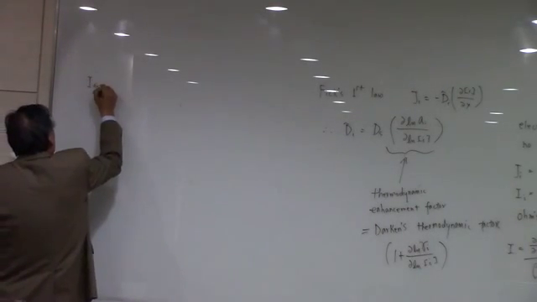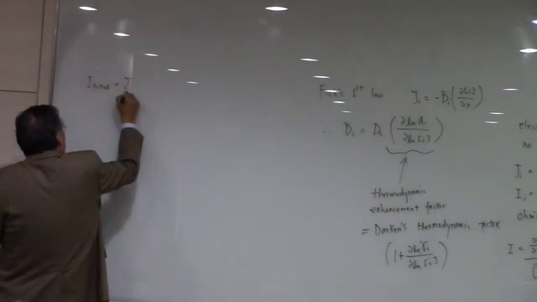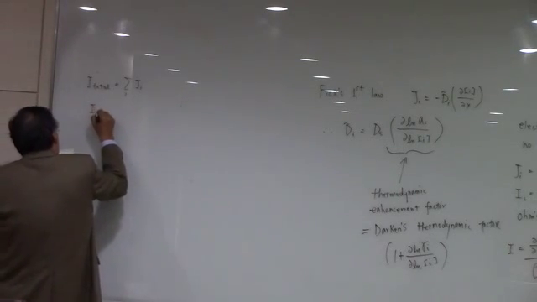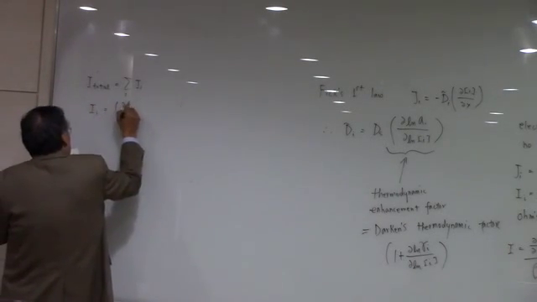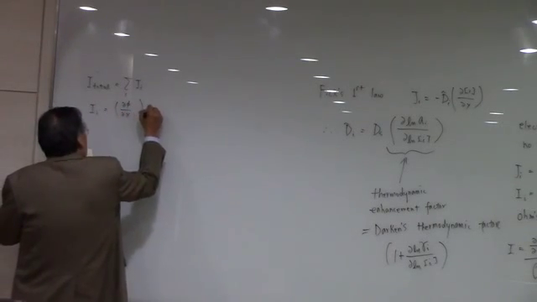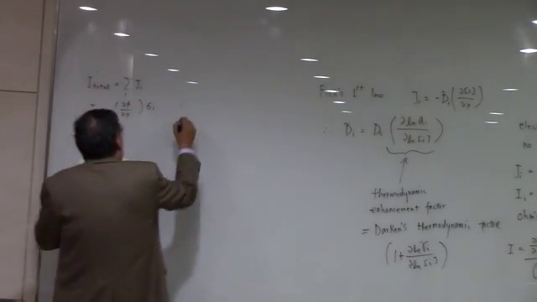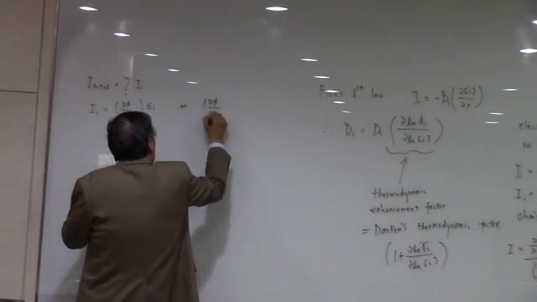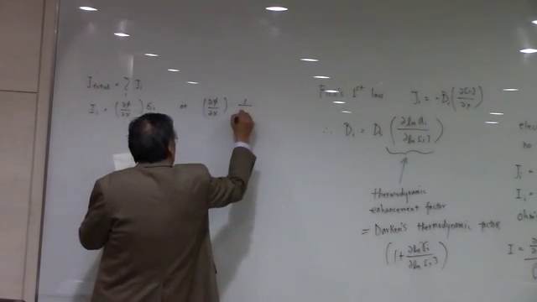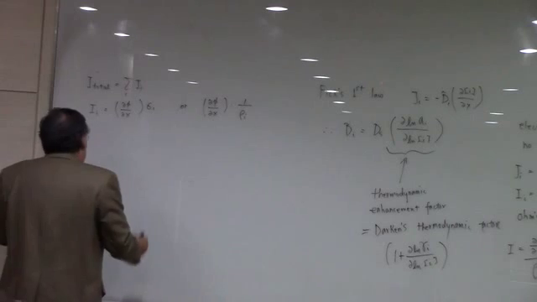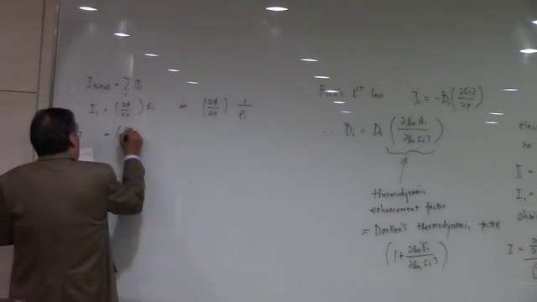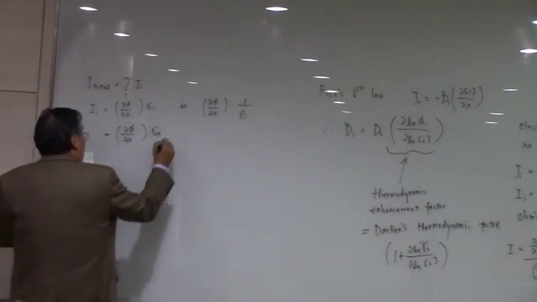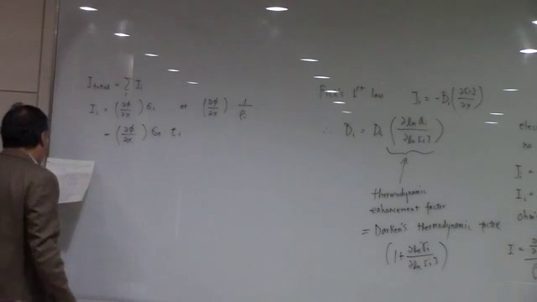I total equals sum of sigma i. And if we write down this equation in terms of the conductivity, then we are going to have an equation something like this.